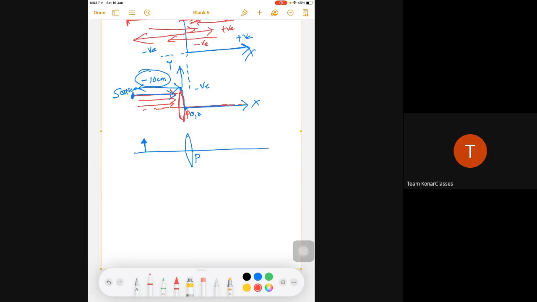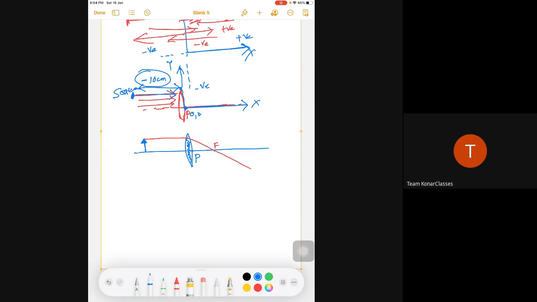Now from this object, one light ray is coming parallel, and as we have discussed in the last class, it will pass through this point, and this point is called the focus, the focal point of this particular lens. This is a very thin glass lens, and the thickness is neglected compared to the distance of the object, the distance of the focal point, and the distance of the image where it is forming.